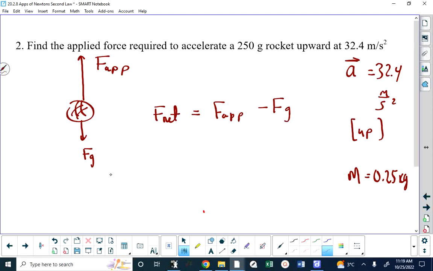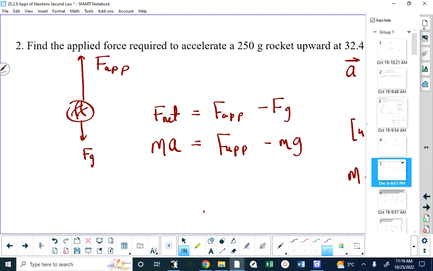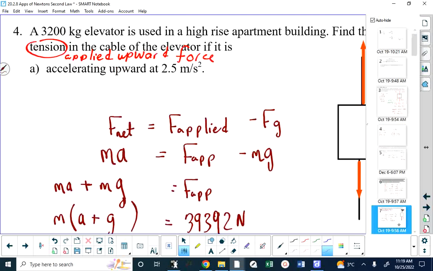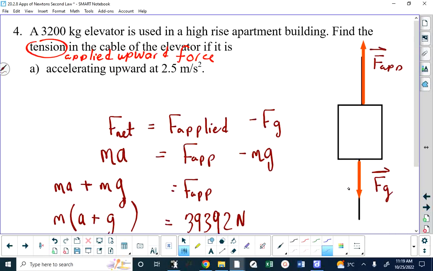So you would have ma equals the applied force, which is what we're after, minus mg. So ma is not the applied force. You have to add mg. Right? Mathematically, that's what it means. And I really want to tie this to what we're doing now. Because in example 4, we had an elevator that was accelerating up, and this is what it looked like.